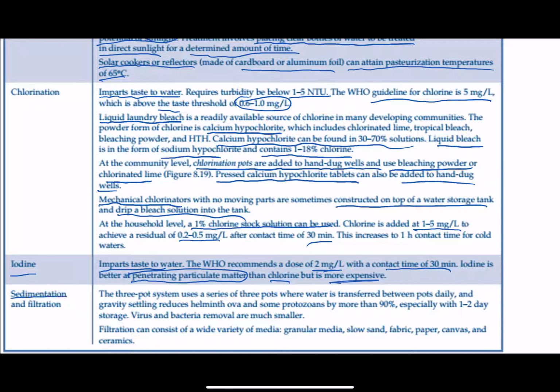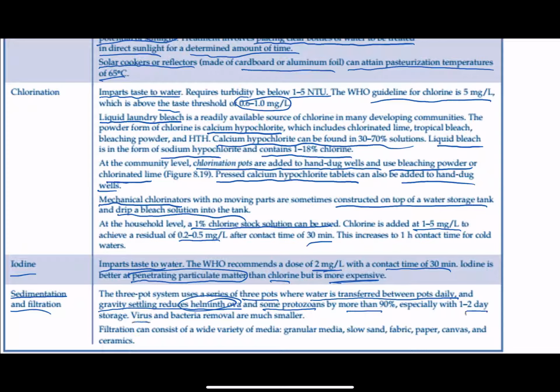Sedimentation and filtration is one other way. The 3-pot system uses a series of 3 pots where water is transferred between pots daily, and gravity settling reduces helminth ova, and this is the eggs, and some protozoa by more than 90%, especially with 1 to 2 days storage.